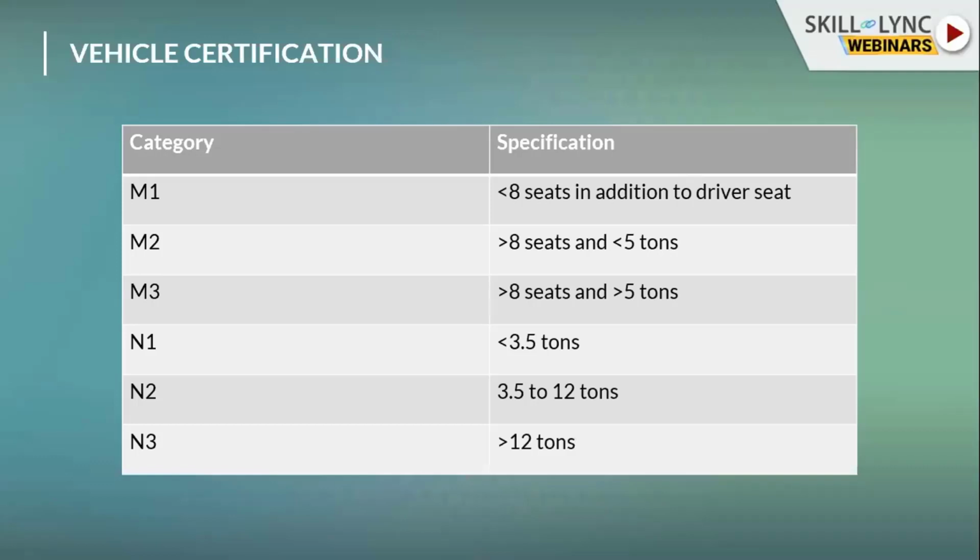Then comes the N1 category, which will usually be the small vehicles, like the Tata and Ashok Leyland vehicles, which are designed to carry less than 3.5 ton loads. A vegetable carrier, something like that, we can take.